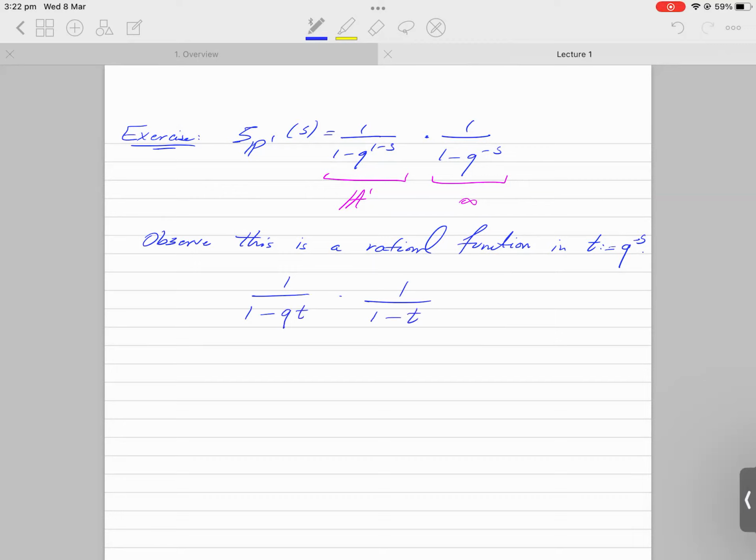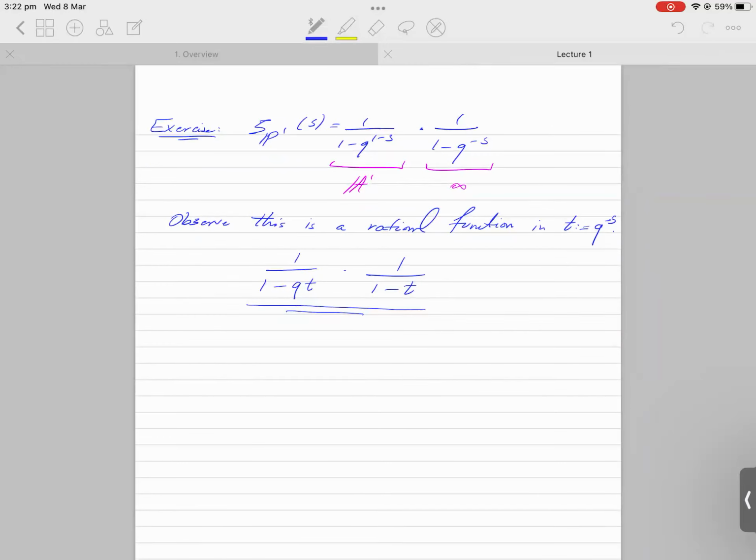Okay, so q is some number like 5 or 7, not 35, it has to be a power of a prime, like 25. So this is a rational function. It has 2 poles and no zeros. Not a terribly interesting rational function.